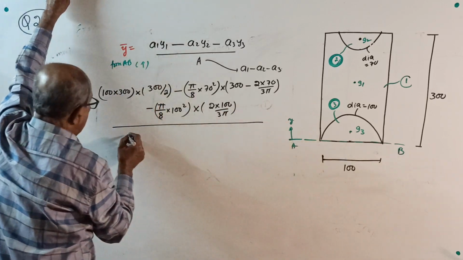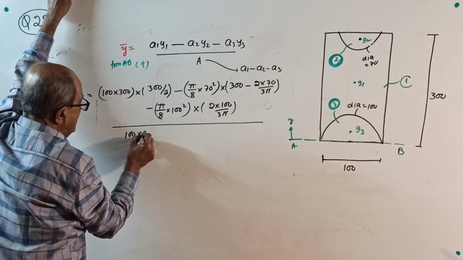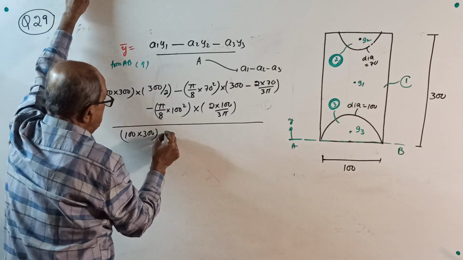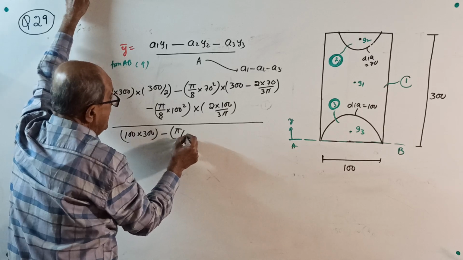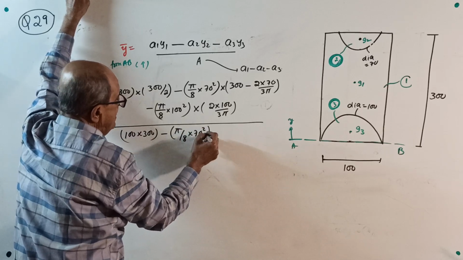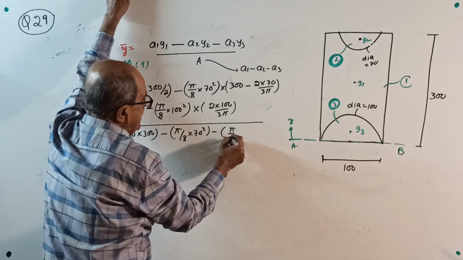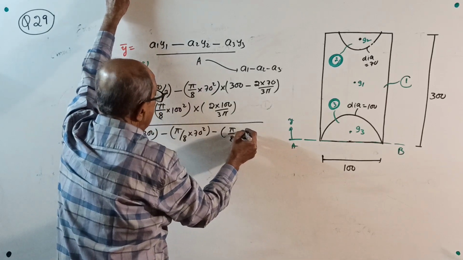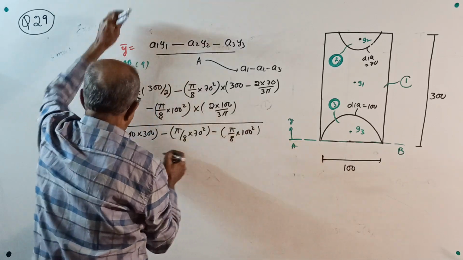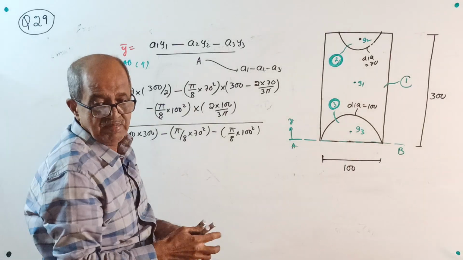Divided by 100 into 300, the full rectangle, minus pi by 8 of 70 square, again minus pi by 8 of 100 square. You calculate the Y bar.